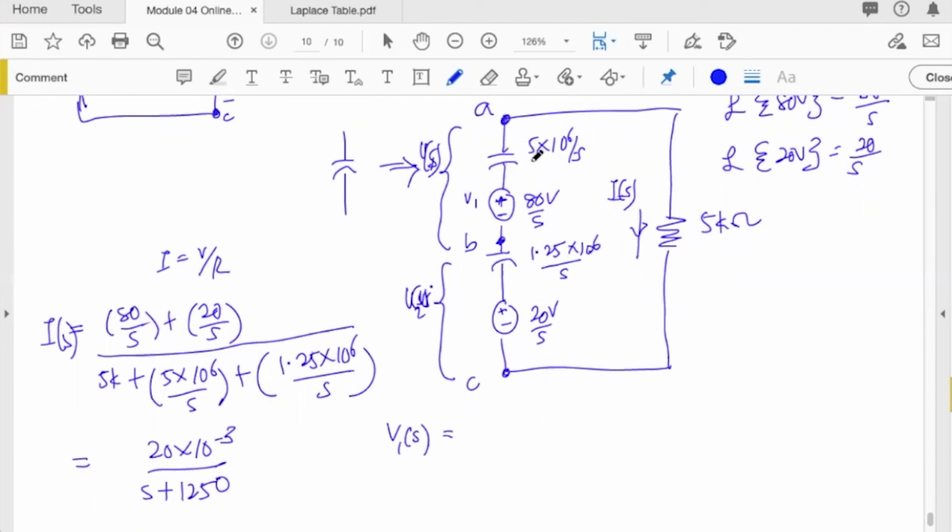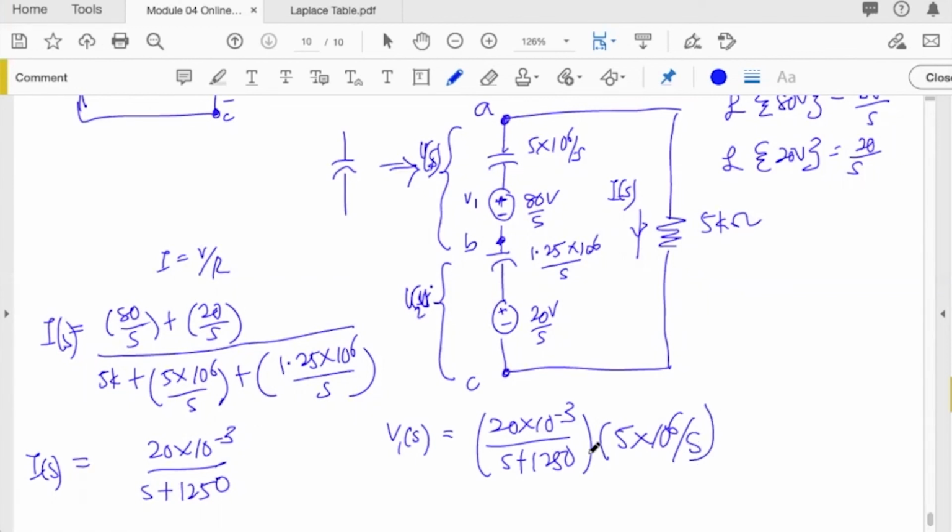Based on Ohm's law, the voltage drop is equal to Is, which is our current, 20 times 10 to the power of negative 3 divided by S plus 1250, multiplied with our resistor, which is the capacitor. The capacitor is equal to 5 times 10 to the power of 6 divided by S. So this is the voltage drop inside this capacitor.